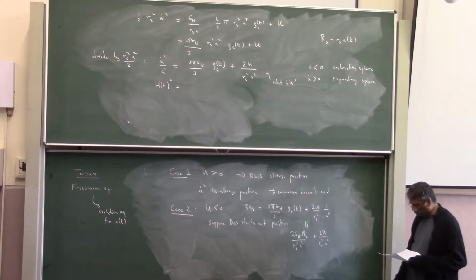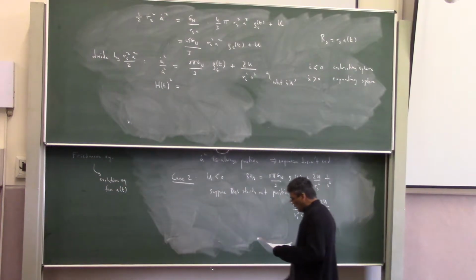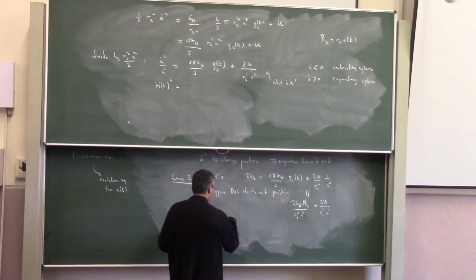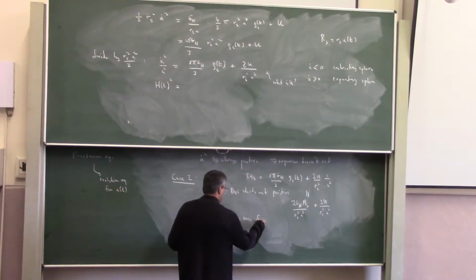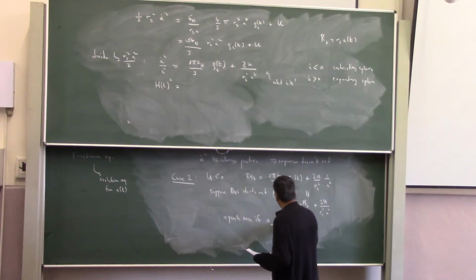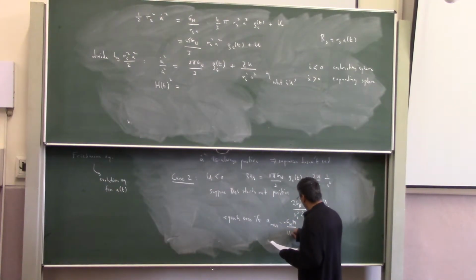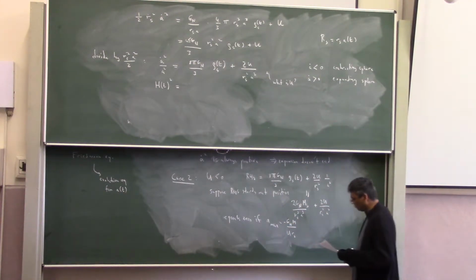And let's see when this equals 0. This equals 0 if A achieves a maximum value. This maximum value is minus G Newton M over u Rs.